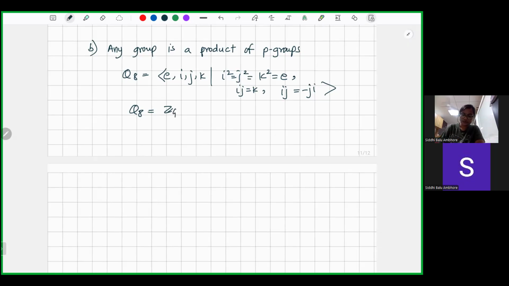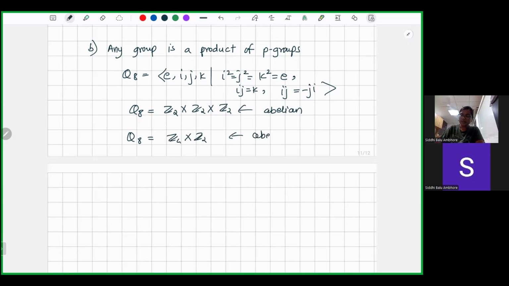Let us just check whether we can write it. So Z2 cross Z2 cross Z2 is a possible P group which we have. But this is abelian. And the other possibility for this will be Z4 cross Z2, right?